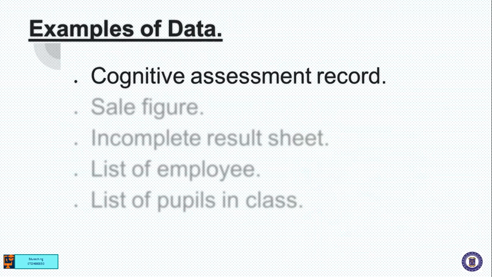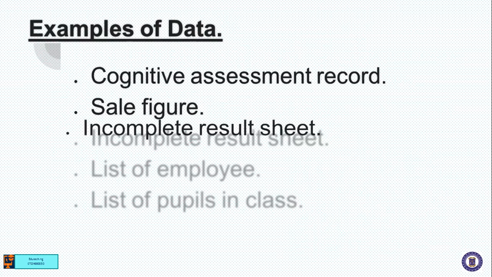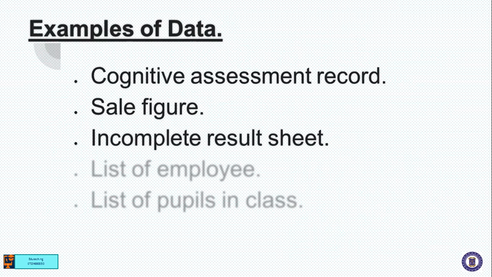Sales figure. If you're a salesman or a businessman, what you have sold for that day is your sales figure. Incomplete result sheet. When particular marks are missing, that result booklet is no longer information.